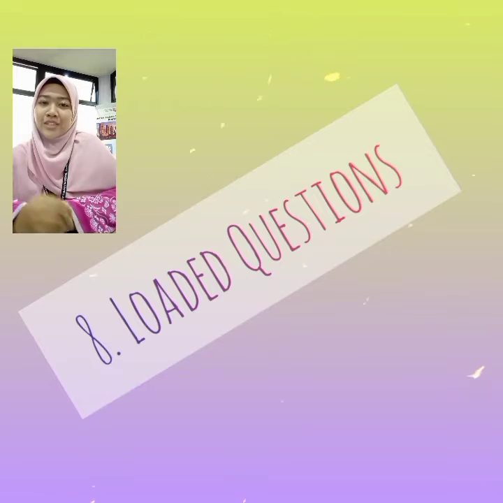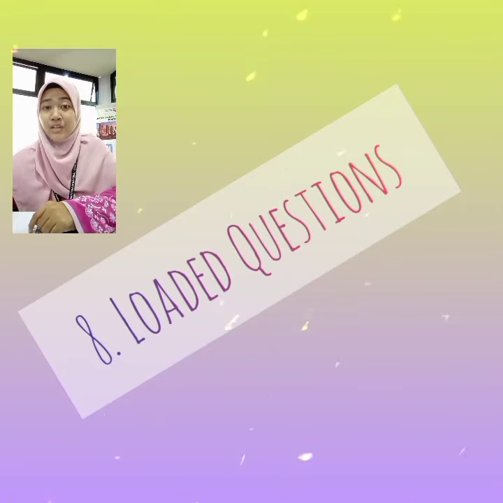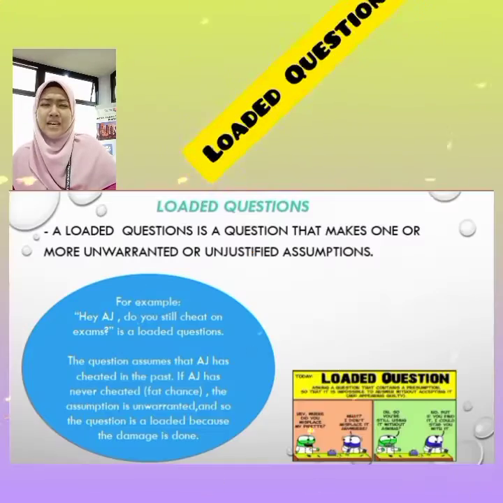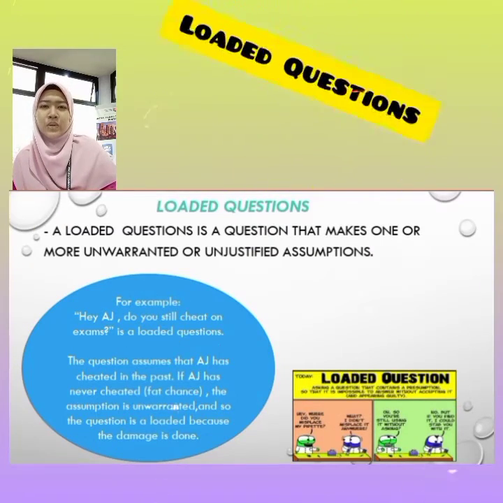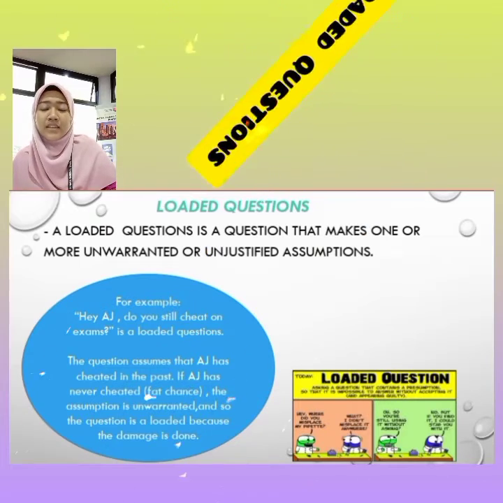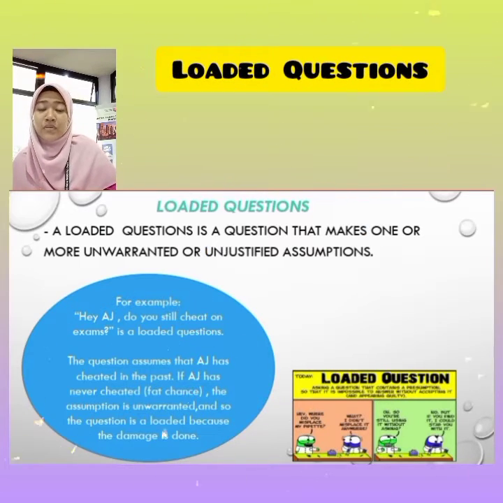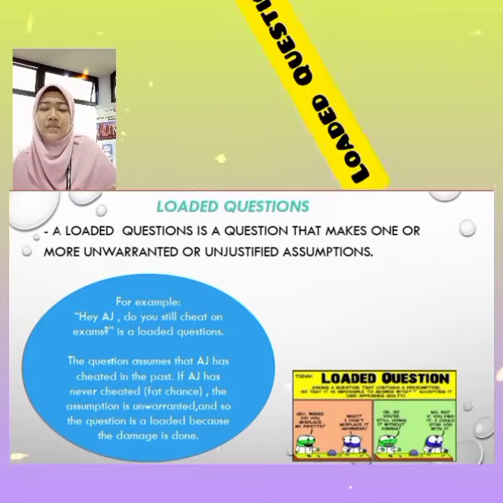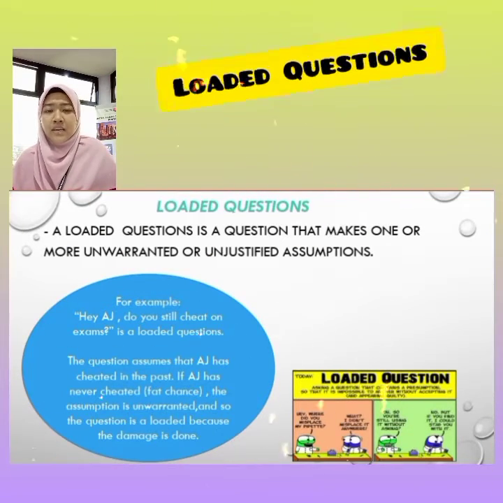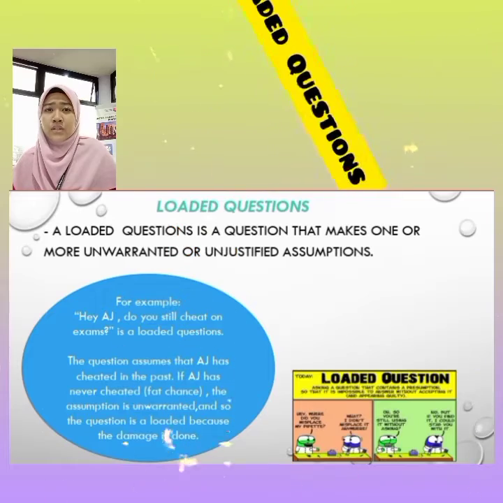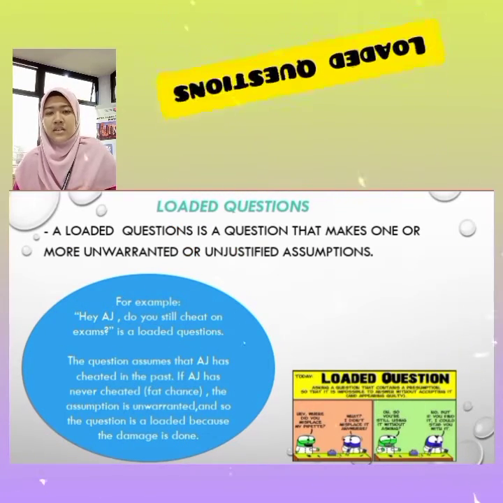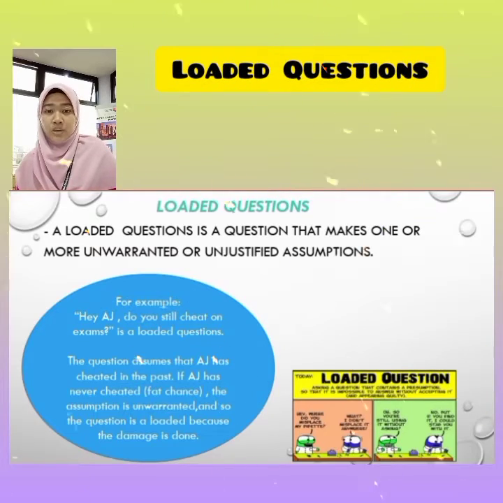We go to the last of the logical fallacies, named loaded question. A loaded question is a question that makes one or more unwarranted or unjustified assumptions. For example, "Hey AJ, do you still cheat on exams?" is an example of a loaded question.